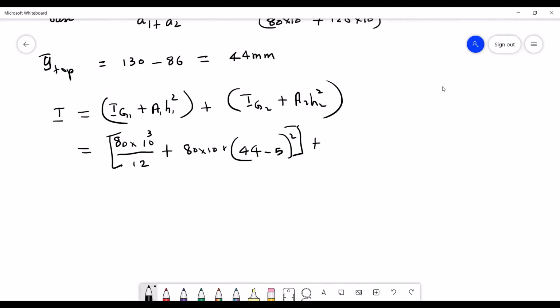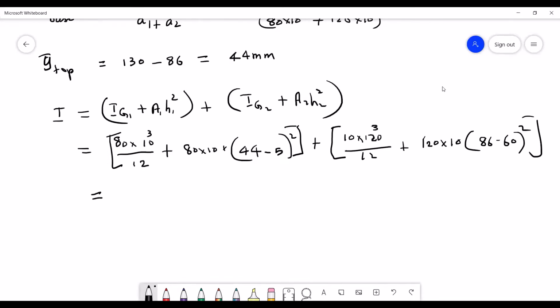This is the flange part, and next the web part we also have to do. Web part: 10 into 120 cube divided by 12 plus 120 into 10 into, 60 is the center of that web, so 86 minus 60, the whole square, will come over here.